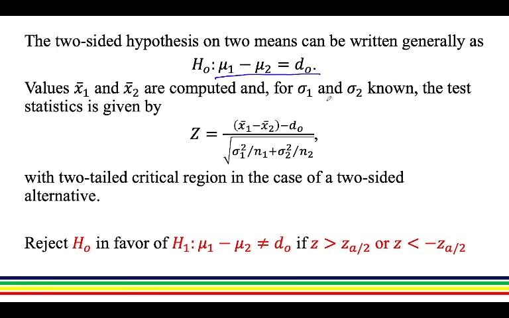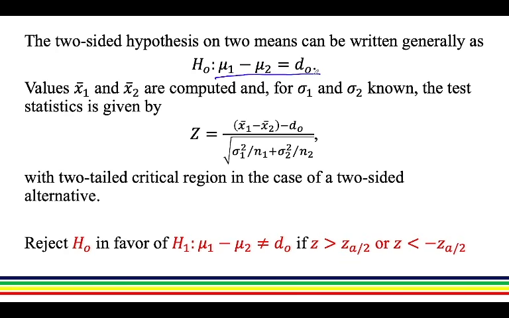But basically, this is how we do it. We take the difference between the two population means and we get a value denoted by D0. We can have either a one-tailed or two-tailed test, and both have different solutions and processes.